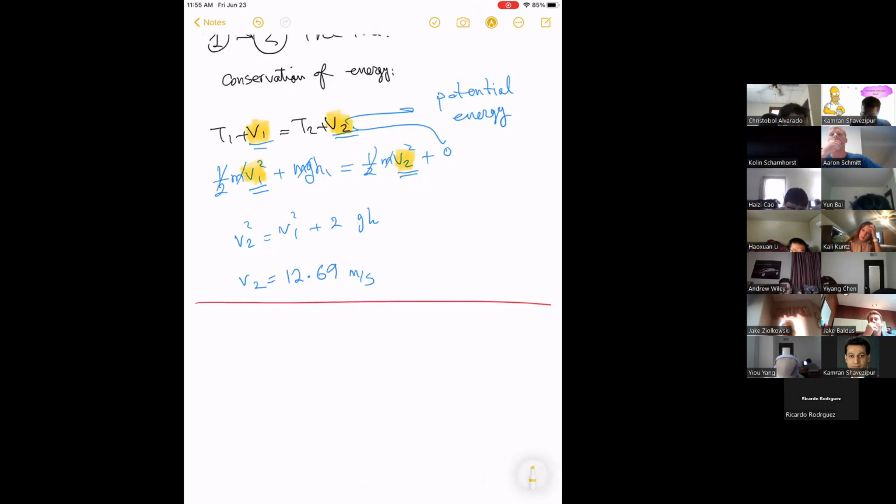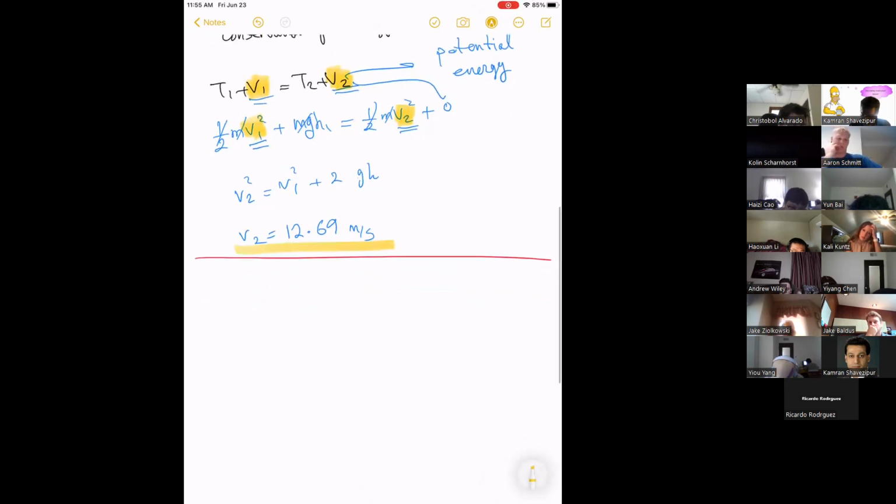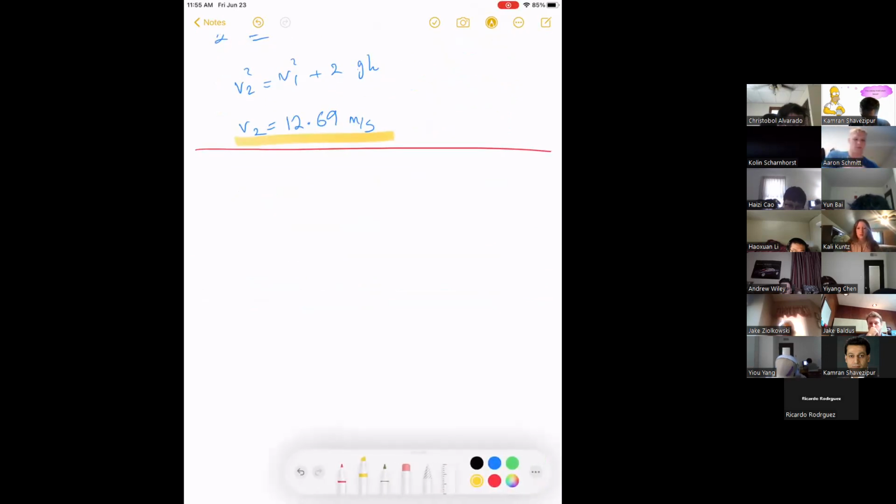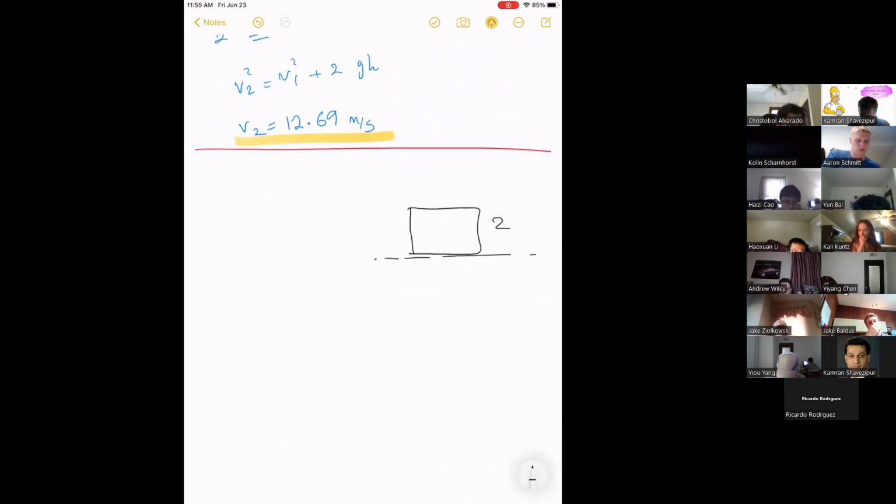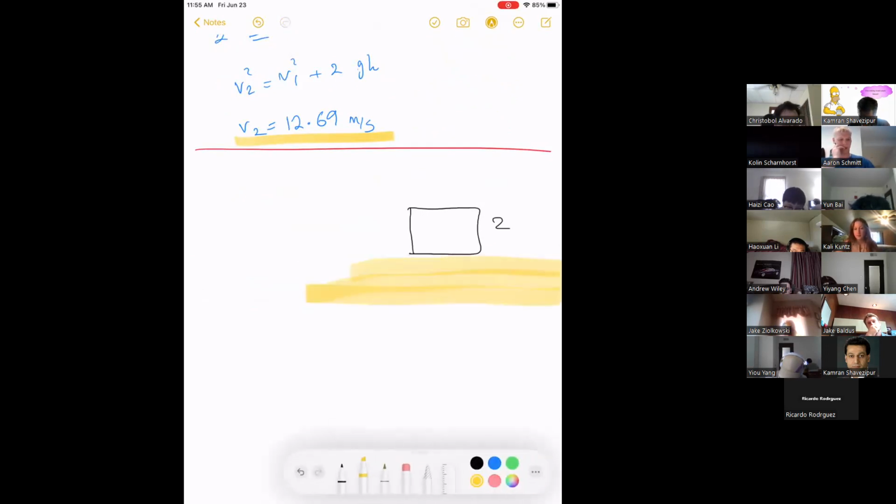Okay, now we have V2. Now let's go back to the second part of the motion. You go from position 2 at the surface of the sand, and then you penetrate inside by some distance, 3.